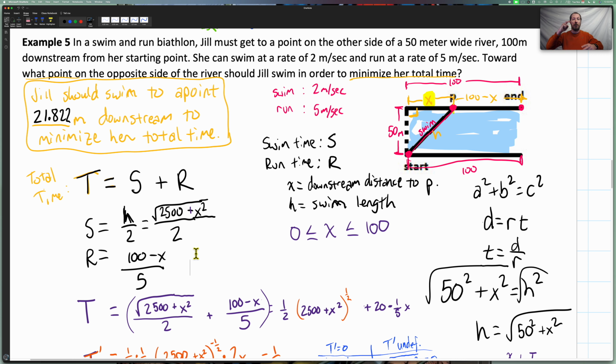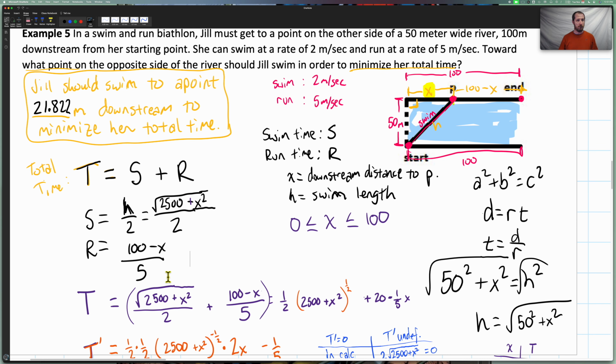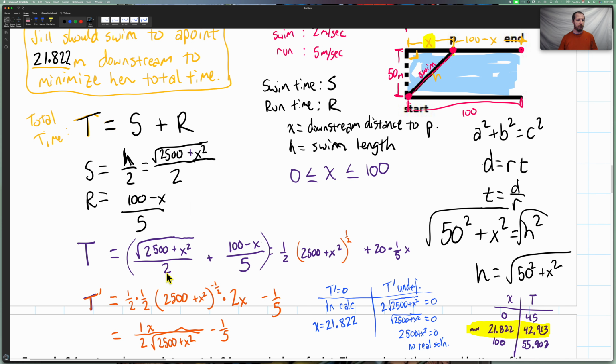Okay, so now we've got both of those secondary equations in terms of x. Now we can plug those into our optimization equation. Okay, so if we plug each of those in, then we get this guy here in purple. Again, we got our function in terms of one variable x.